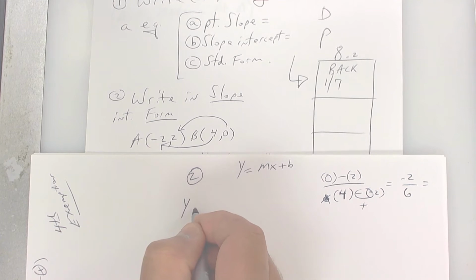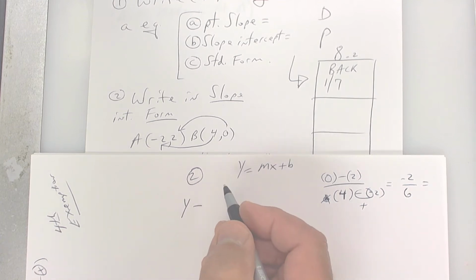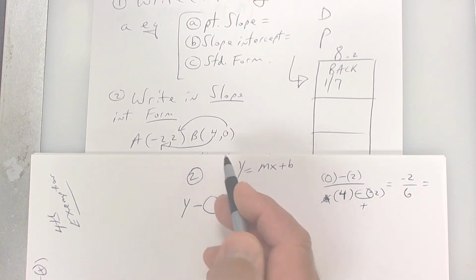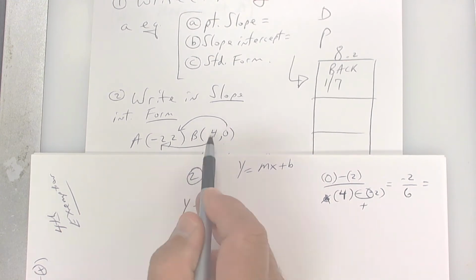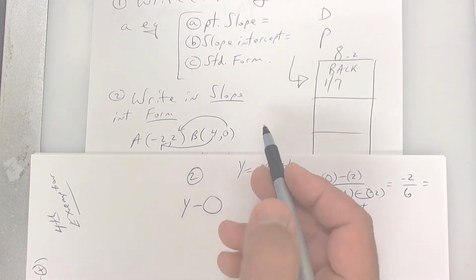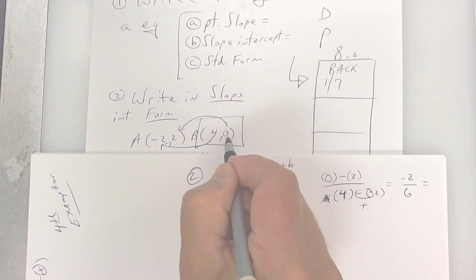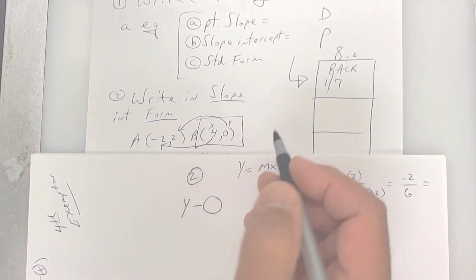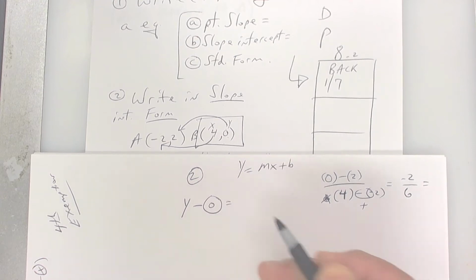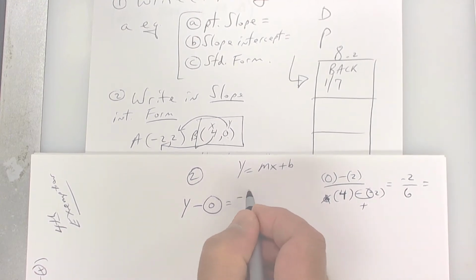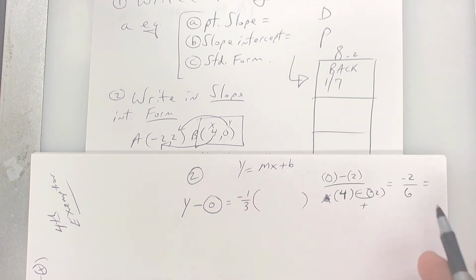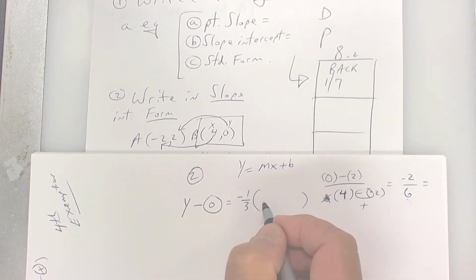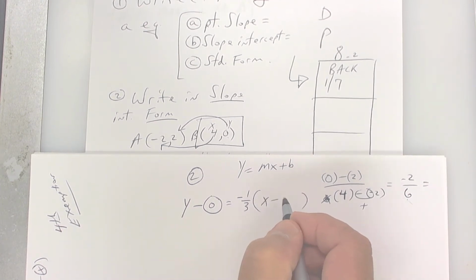So you're going to do y minus your y. Well, you can use either point. I'm going to use this one because it's easier. It's got a 0. So y minus 0 equals your slope, which is negative 1/3, because you have to reduce that, and then x minus your x, which is 4.